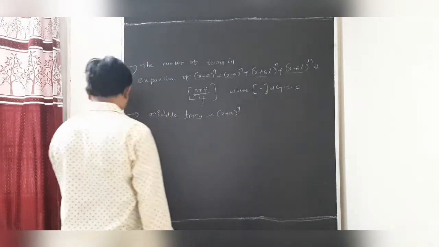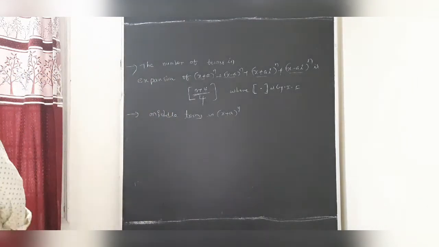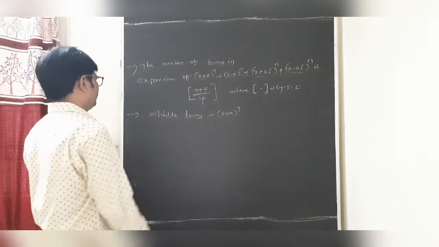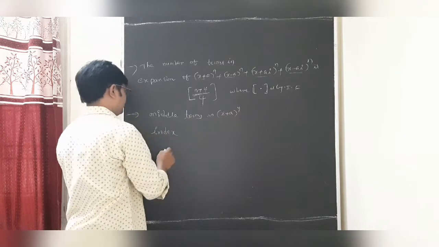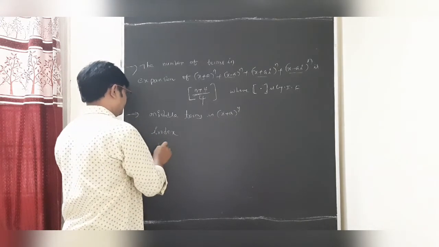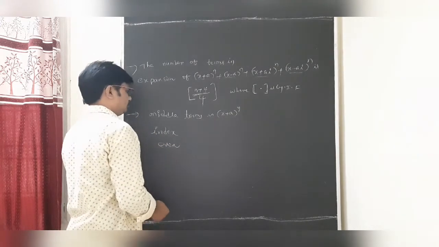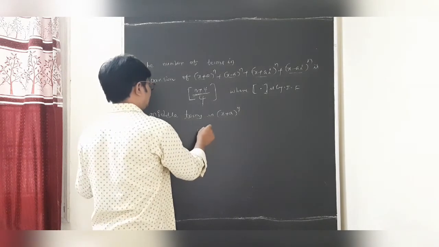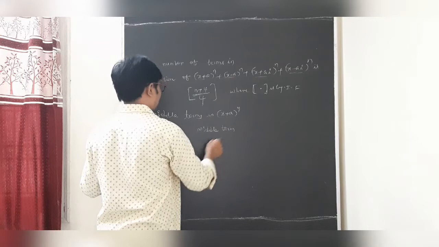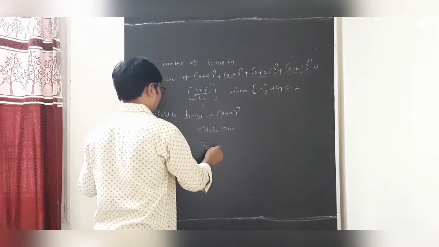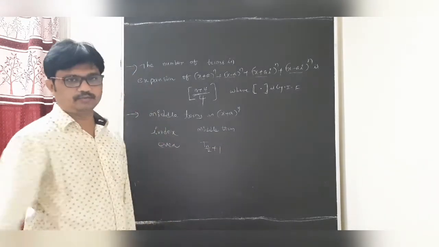So, students, the middle term in the expansion of x plus a whole power n: if the index n is even, then undoubtedly the middle term is T n by 2 plus 1.